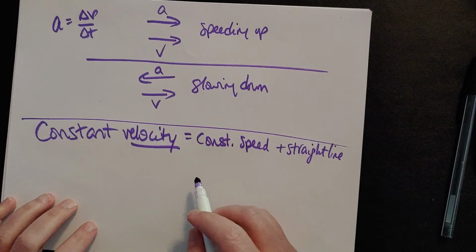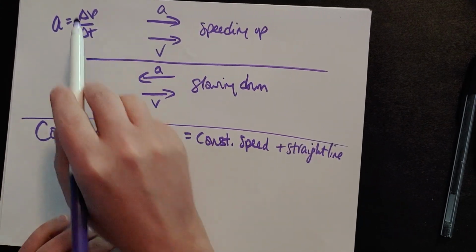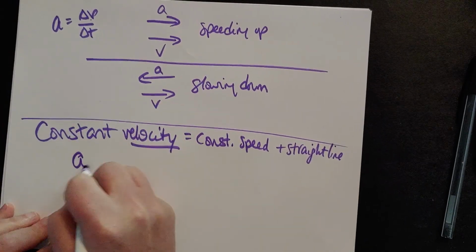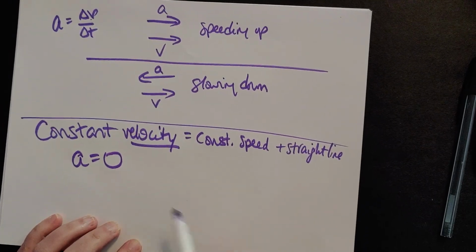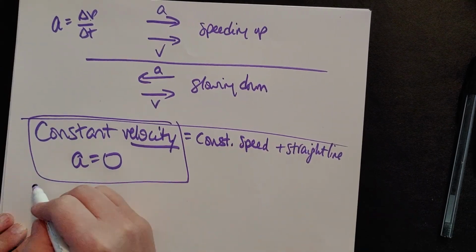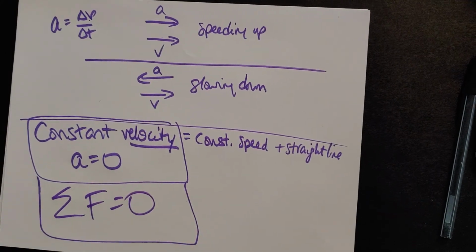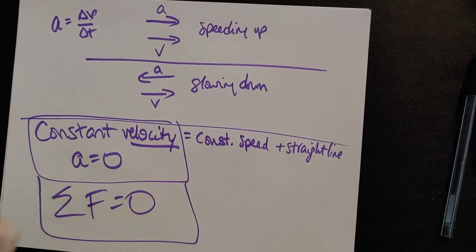Cool, that's useful. What does that mean also? If it's a constant velocity, then there's no change in velocity. So constant velocity means the acceleration is 0, and the net force has to also be 0 because of Newton's second law.